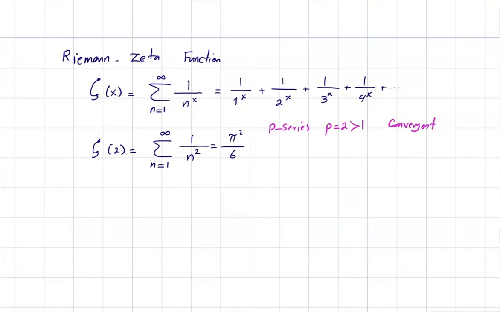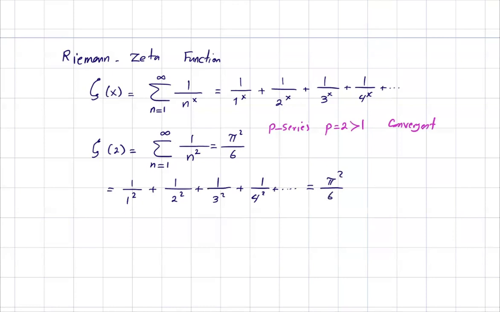So what does it tell us? It tells us, hey, if I start adding 1 over 1 squared, 1 over 2 squared, 1 over 3 squared, 1 over 4 squared, plus the rest of the terms, it becomes pi squared divided by 6.